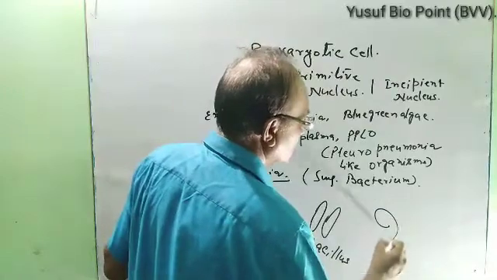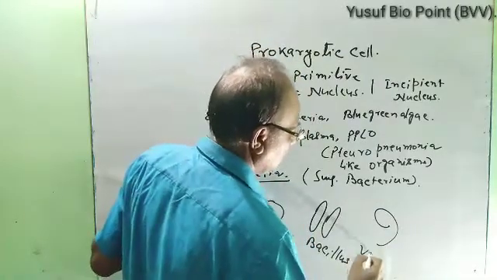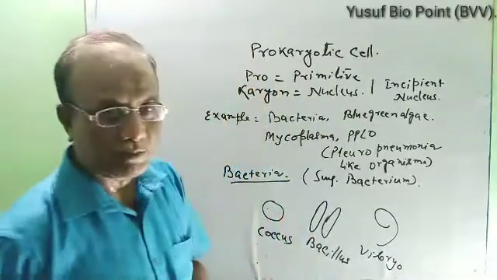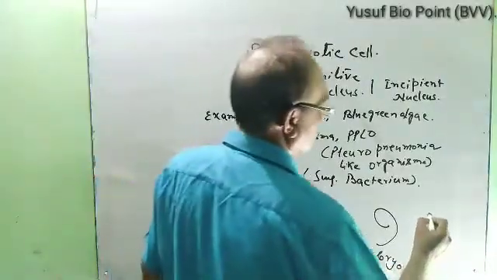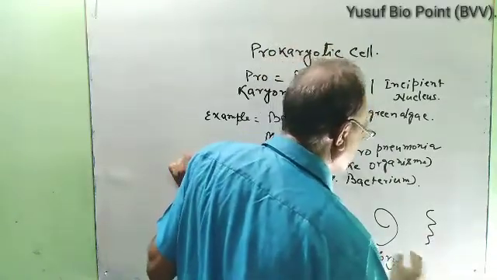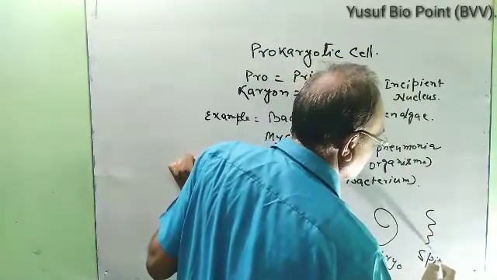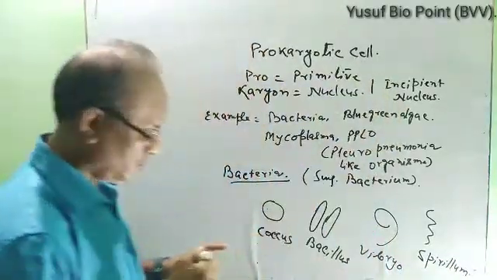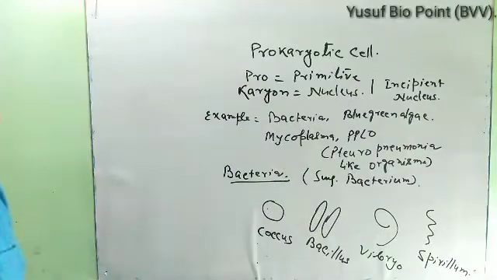Someone comma shaped, that is vibrio. Someone spiraling shaped. These are the following shapes of the bacteria.